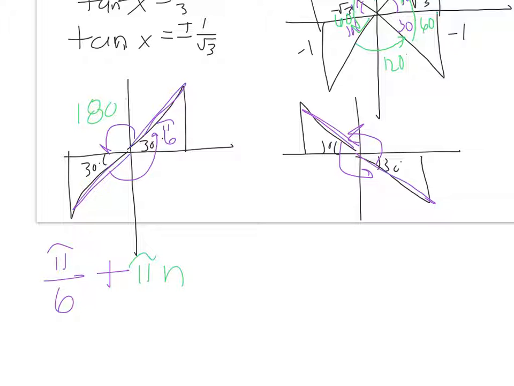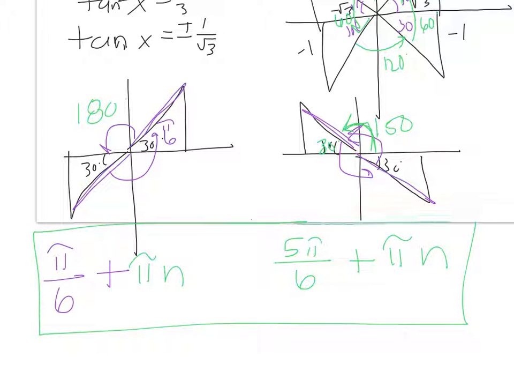Looking at this one, this is your first angle, and this is 30, so this is 150, which gives 5 pi over 6. And again, my rotation in between those two angles is pi, so it would be pi n. So these two equations are my answer.